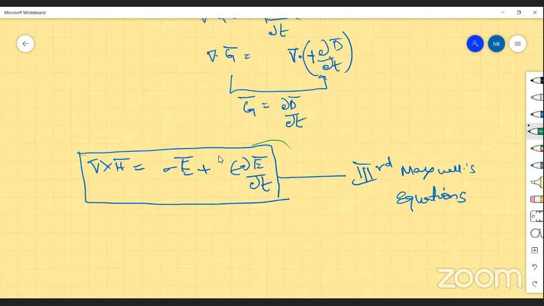This extra term is due to the inconsistency. We are overcoming the inconsistency of Ampere's circuital law, which we applied for static fields. If you overcome that inconsistency, for time varying fields, that automatically becomes the Maxwell equation for time varying fields.